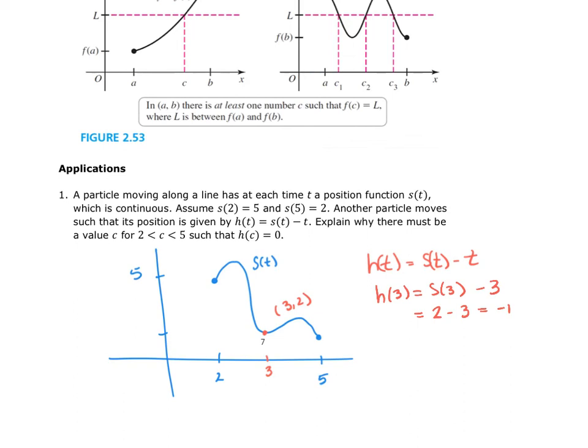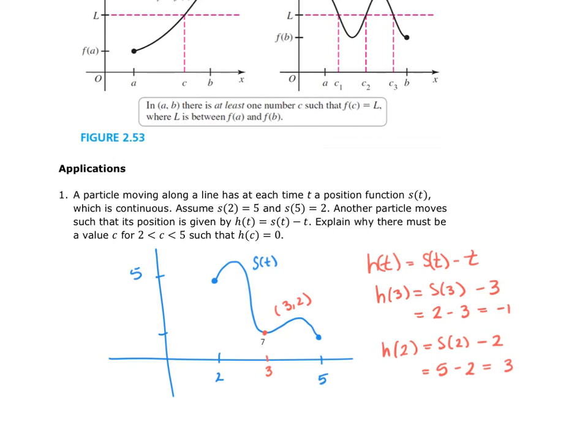But if I look at h of 2, this is going to be s of 2 minus 2. s of 2 happens to be 5, minus 2 happens to be 3.